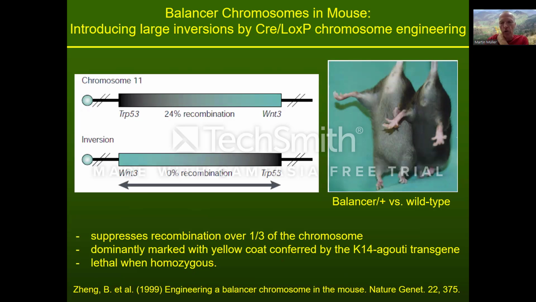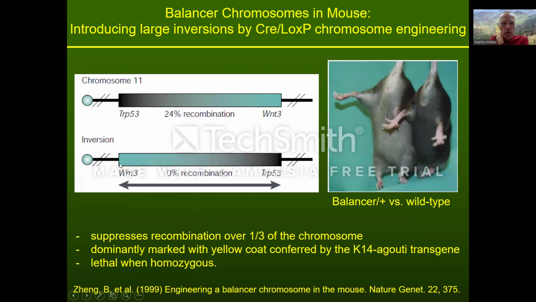Balancer chromosomes in other model organisms have been recently developed because people realize they are important or can be of help. Mice, of course, can be genotyped and have a much longer life cycle, so maybe not of as big use as they are in fly, but here there is a case for chromosome 11 of mouse. There are these two genes, TRP53 and Wnt3, which normally have a recombination frequency of 24%.